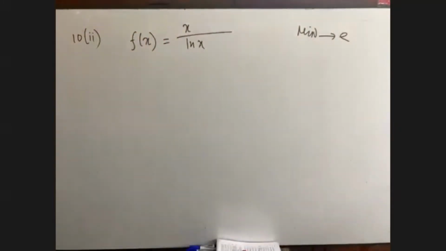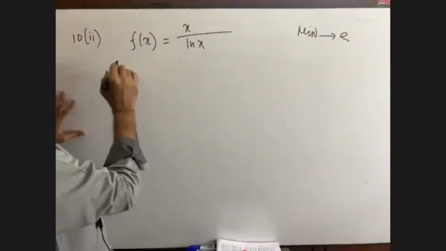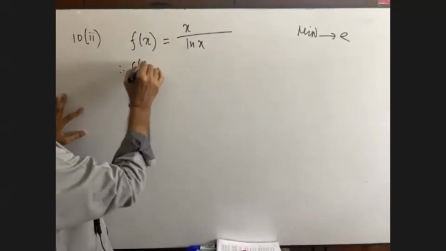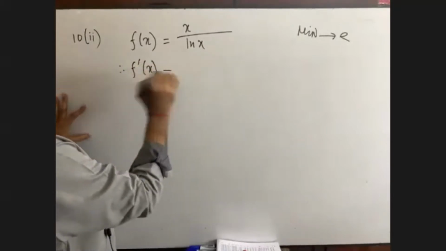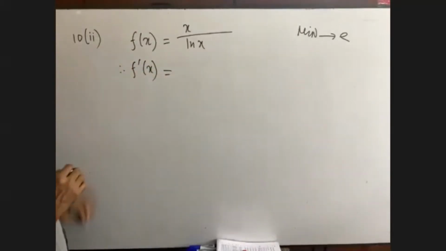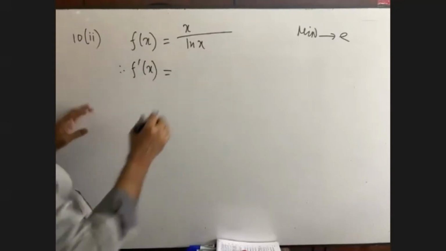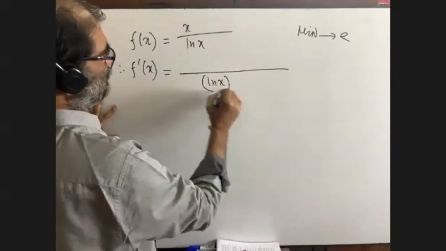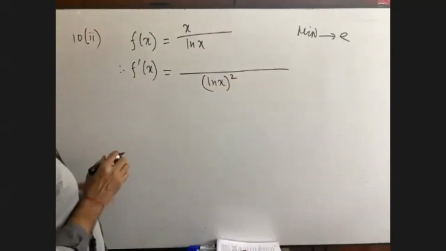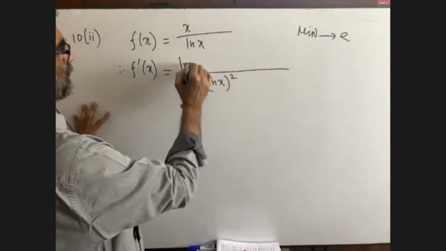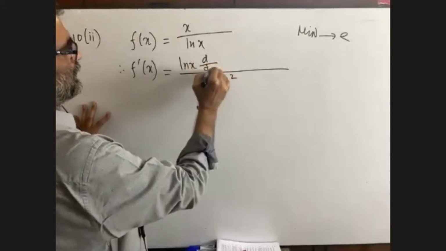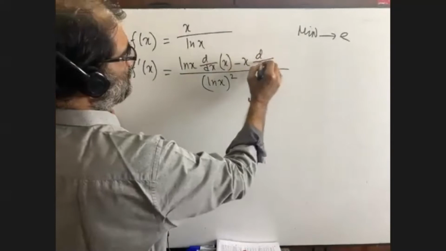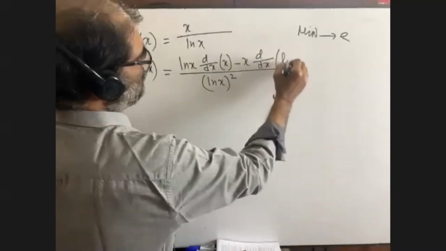So what is our first step? f'(x) is equal to, find it, (ln x whole square) in the denominator. Here it is ln x d/dx of x minus x d/dx of ln x.